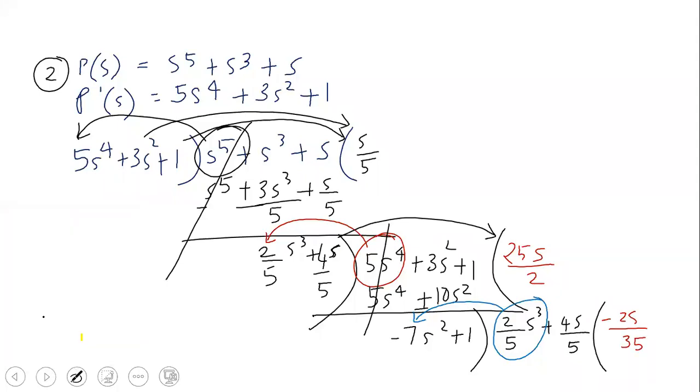You have to continue doing it. You cannot stop. So this will become 2 upon 5 s cube, and here it will come minus 2 upon 35 times s. So that gives rise to the remainder, whatever is going to come, is going to be 26s upon 35.